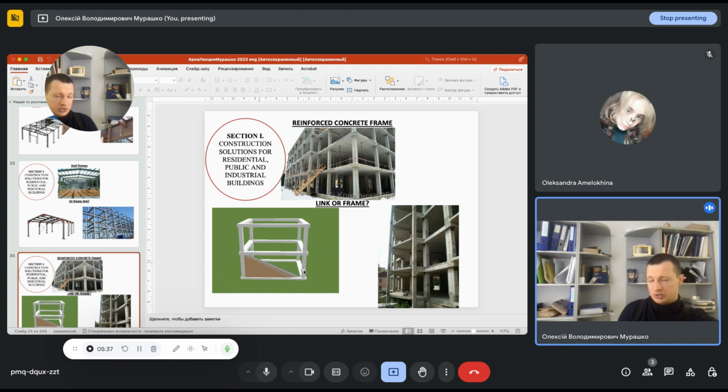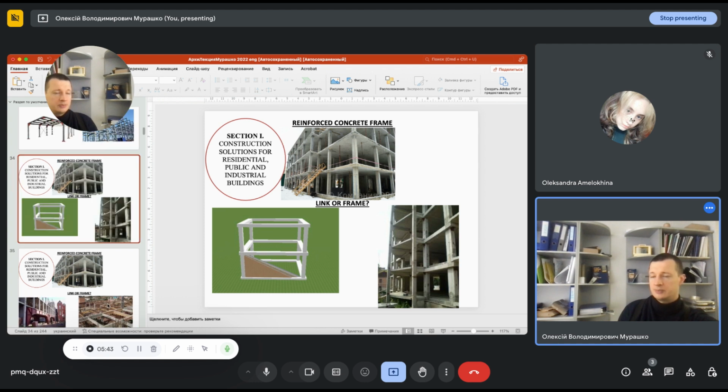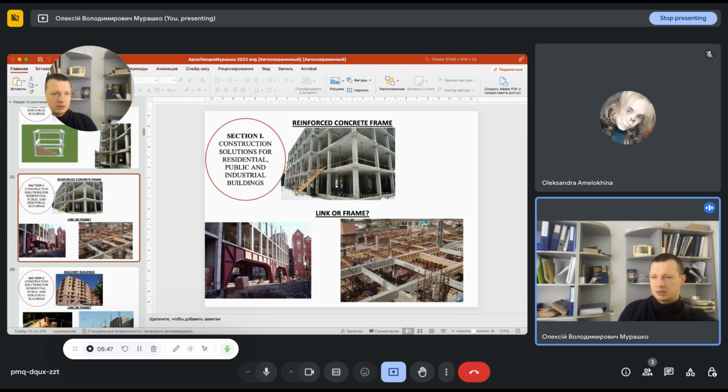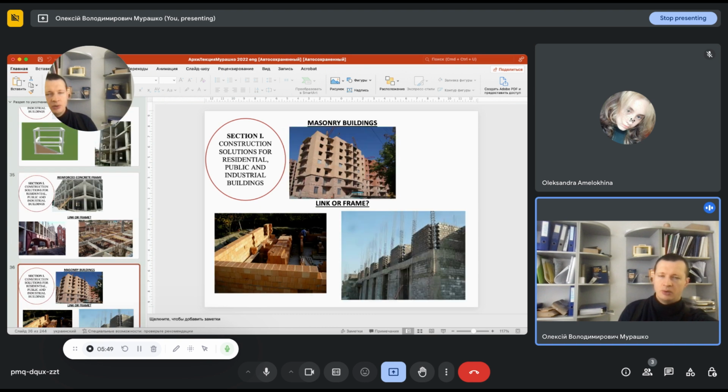Rigid walls can give the necessary geometric stability for a building. And when we are talking about masonry buildings, the only option that we have to create the geometric stability of the system is a link method. So only the link method can provide us a geometrically stable system in masonry structures.